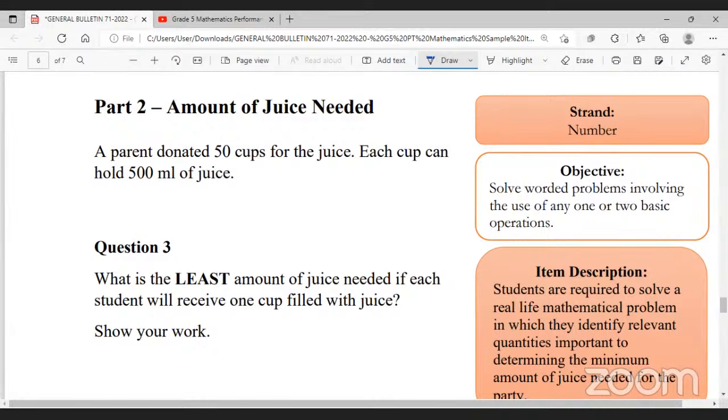In this question, we are also going to be looking at the same real life mathematical problem, which will help us to identify the relevant quantities important to determine the minimum amount of juice needed for the party.